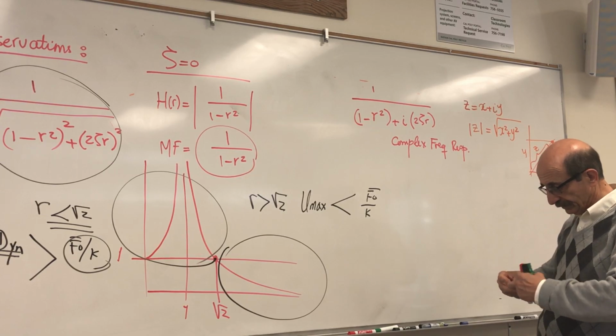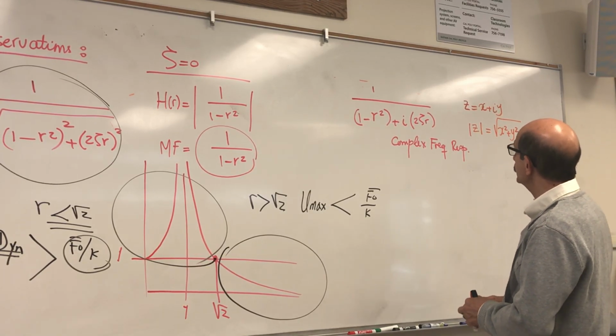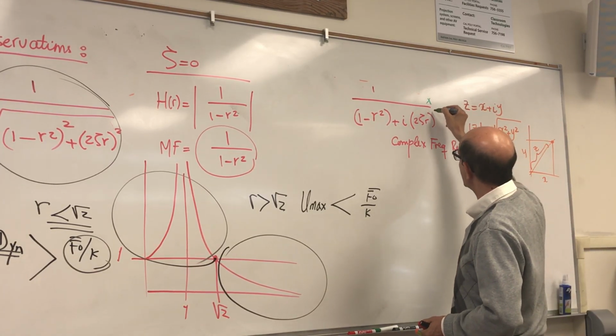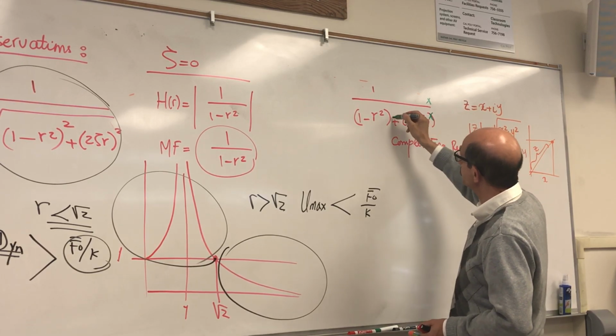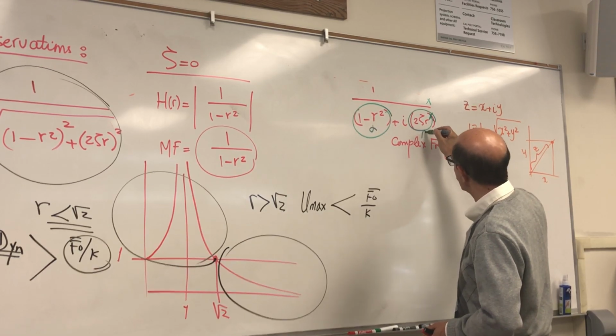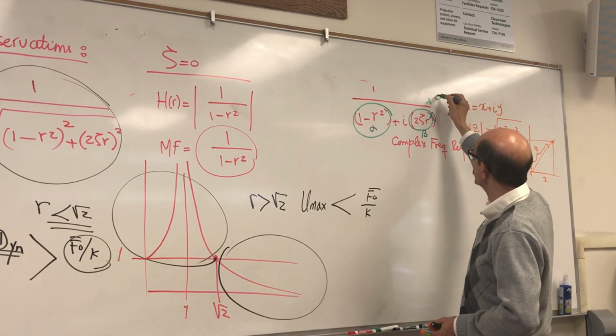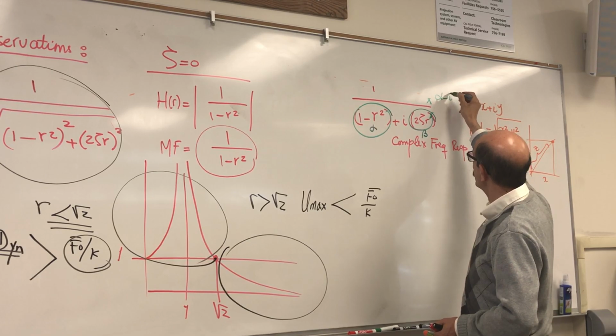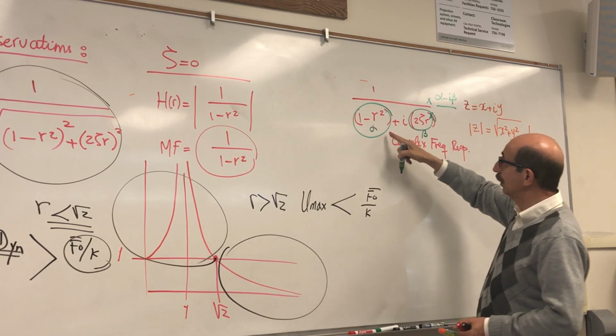How do I do that? Let me call this alpha and this beta. I would multiply the numerator and the denominator by alpha minus i beta, the complex conjugate.